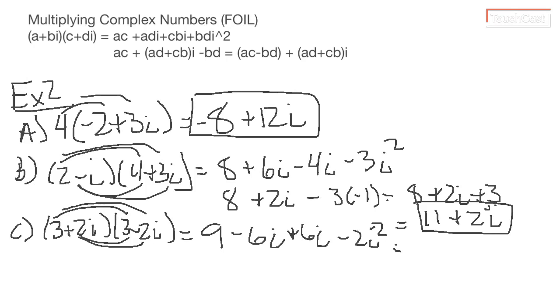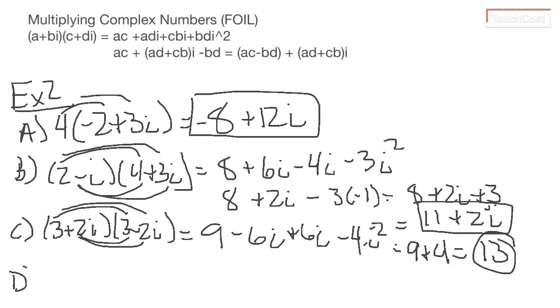Correction, I did not go 2 times 2, so I made a mistake. It's not minus 2i squared, it should be minus 4i squared, which means we're going to have 9 plus 4, which is 13.